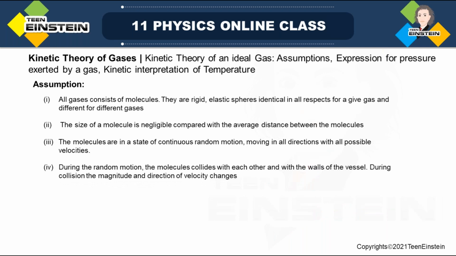Now, as I said, the gas molecules will be randomly moving. But see, a particular gas is actually made up of a large number of molecules. A large number. What is the number? If we take a minimum of Avogadro number of molecules, that is of the order of 10 to the power 23. So a huge number of molecules, when they are randomly moving, then what happens? Then there will be collision.